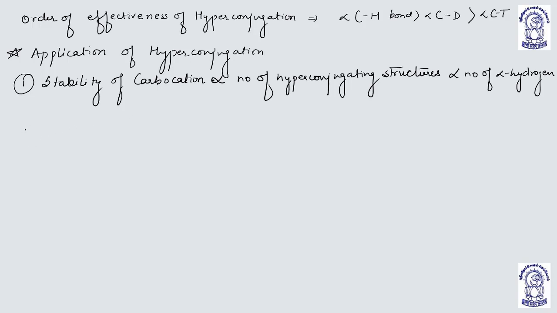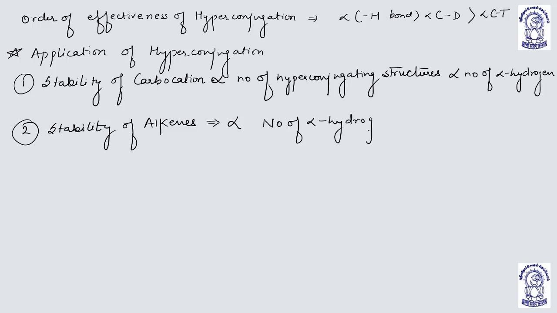Second is stability of alkenes. It is also directly proportional to the number of alpha hydrogens, the number of hyperconjugating structures.